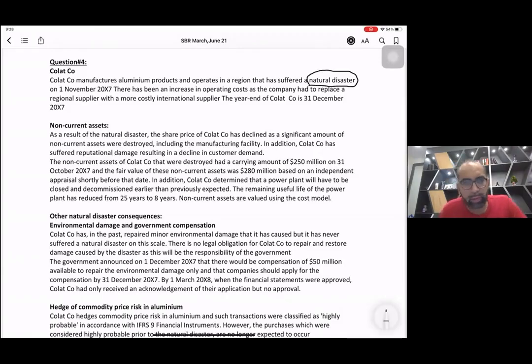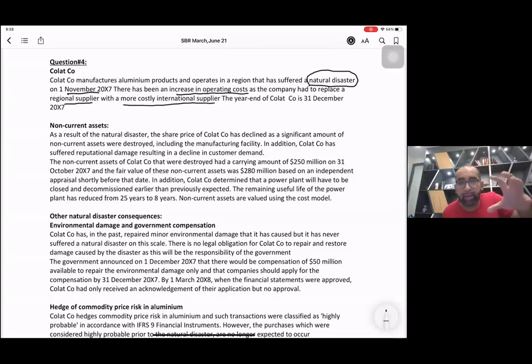Simple words. On 1st November X7, there has been an increase in operating cost as the company had to replace a regional supplier with a more costly international supplier.